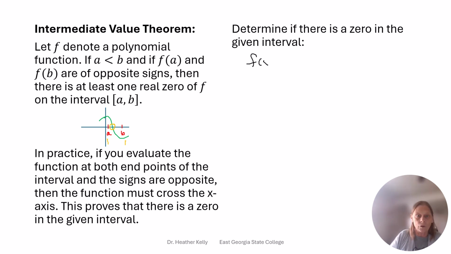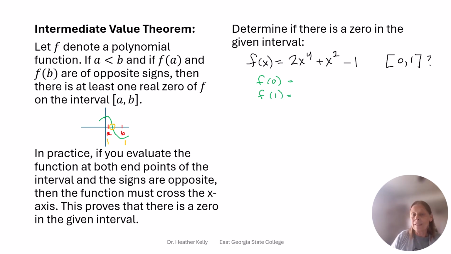Here's our function, 2x to the 4th plus x squared minus 1, and our interval is between 0 and 1. So what we want to do is find f of 0 and f of 1.